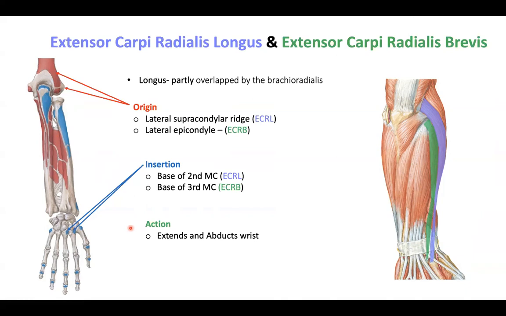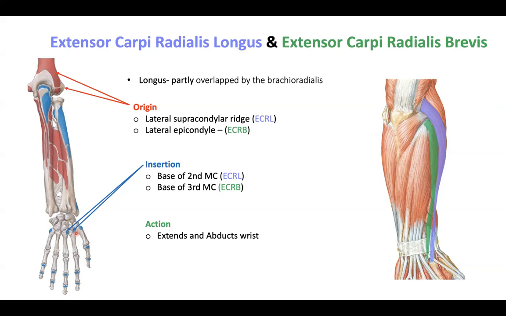Their main action is extension of wrist, but in addition to extension of wrist, they abduct the wrist or they radially deviate the hand. These muscles, as their name indicates, radialis, are located laterally along the side of radius. So when they contract, in addition to extension, they can radially deviate the hand.